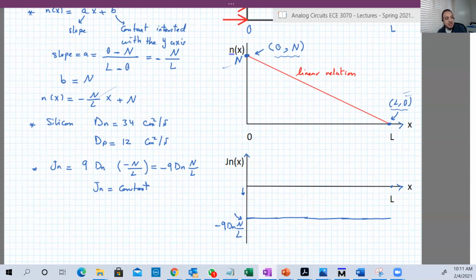Again, that means that electrons can diffuse more than holes. Okay? Electrons can diffuse more easily than holes. That's what makes Dn, its diffusivity, its tendency to diffuse, much larger than the diffusivity of Dp.